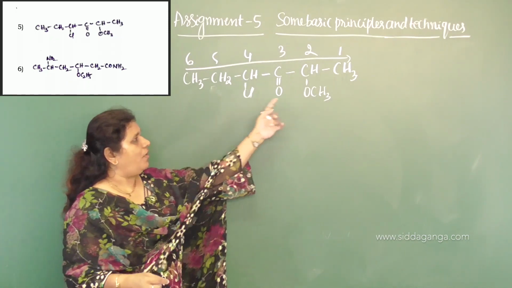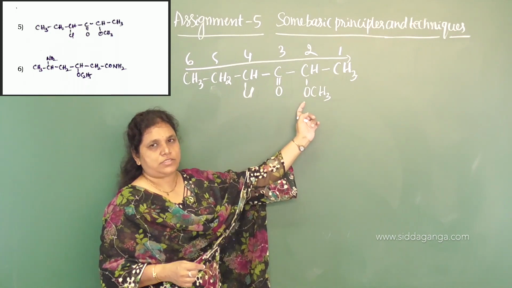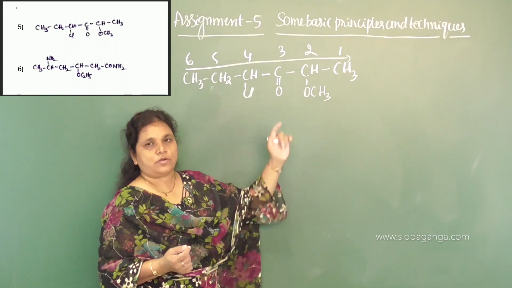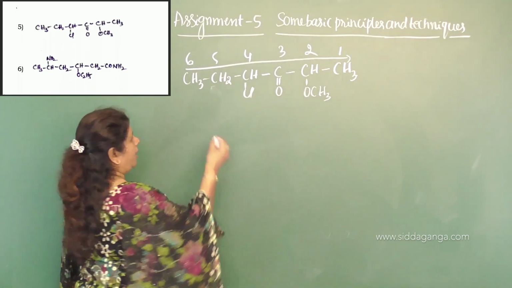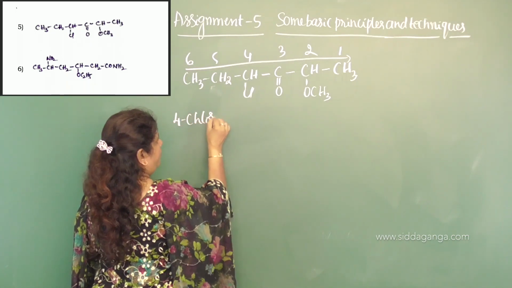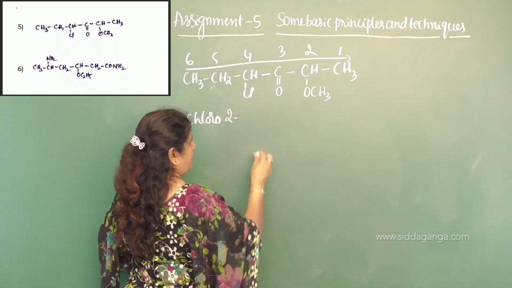Here two substituents are there. One is chloro, another one is methyl plus oxygen, methoxy. Alkyl oxy, alkoxy, methyl plus oxy, methoxy. Now arrange them in alphabetical order and write the name. 4-chloro, 2-methoxy.